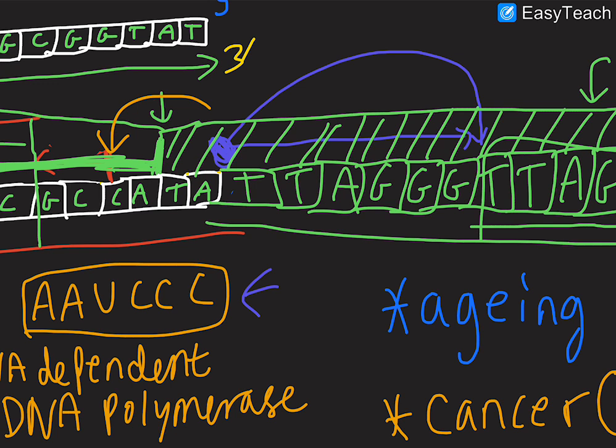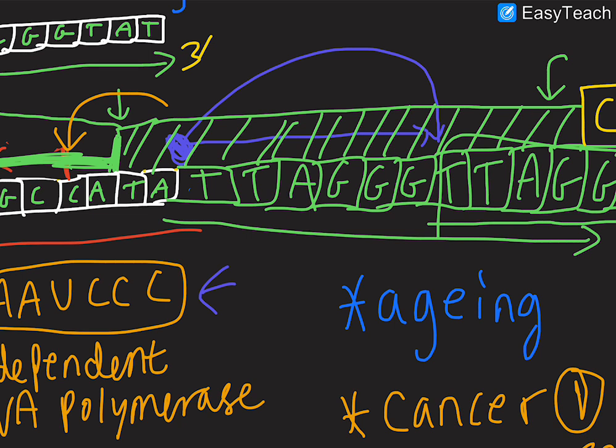So therefore, it cannot synthesize new DNA. So every time you replicate, the end of your chromosomes basically keeps on shortening. And you have telomerase to add telomeres to elongate that strand, so you don't keep on shortening your DNA until you hit the genes that actually code for proteins. All right, so that's basically it for telomeres and telomerase.